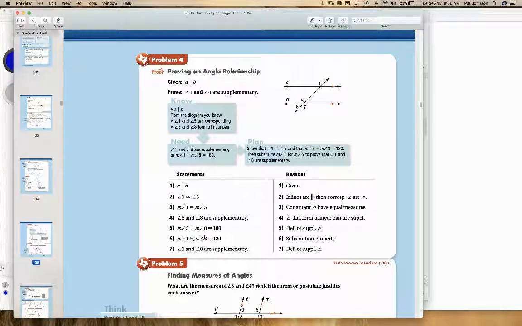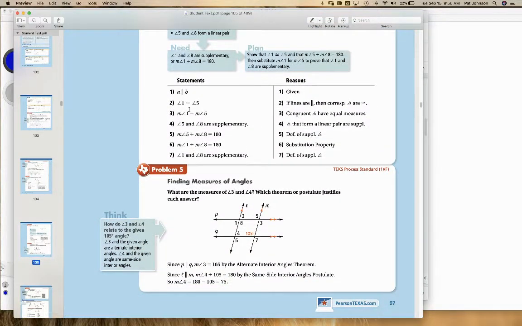We use the substitution property. Then the definition of supplementary angles. Because they're equal to 180, the measure of angle 1 and the measure of angle 8 are supplementary, just by the definition of supplementary angles.